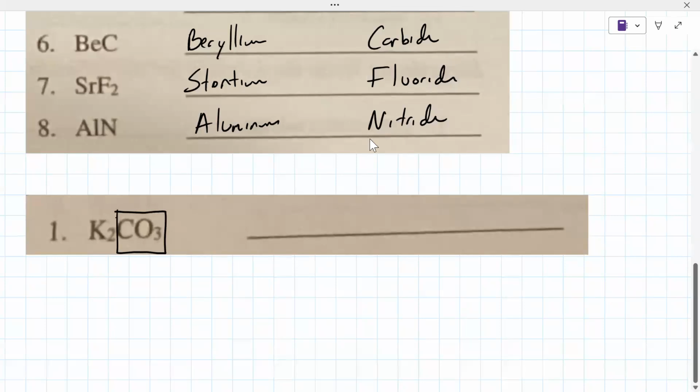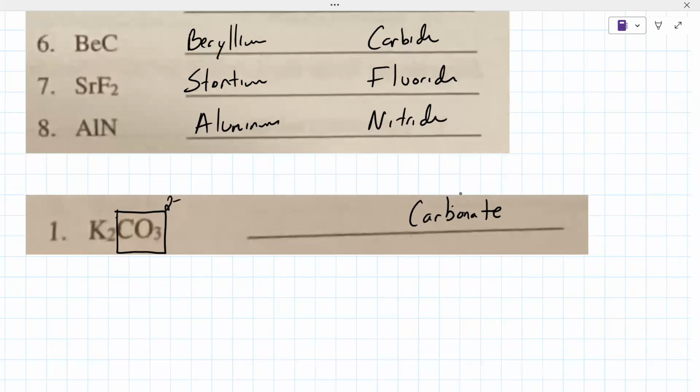CO3. Is it... Yours might have a 2 minus on there. Is it carbonate? Yes. And the wording is really important.